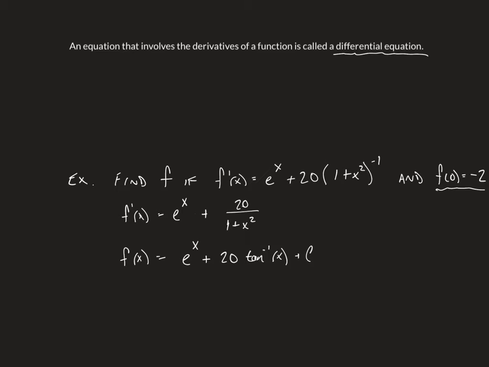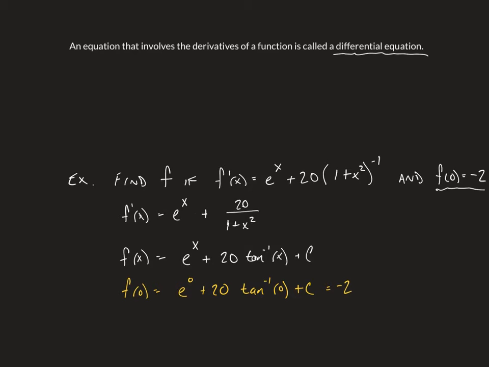So I can say now that f of 0 is e to the 0 plus 20 times inverse tangent of 0 plus c, and that has to end up equaling negative 2. So I can just solve this part of the equation here and figure out what c has to equal.